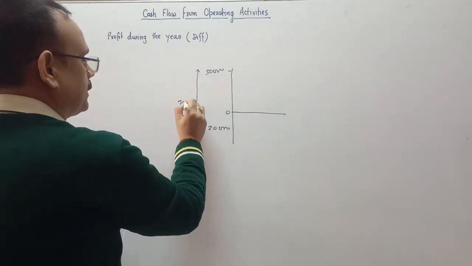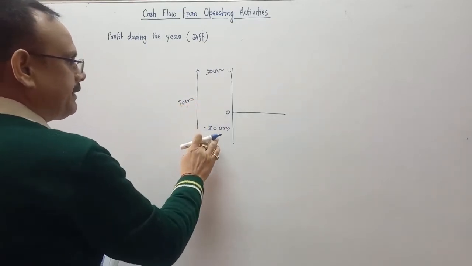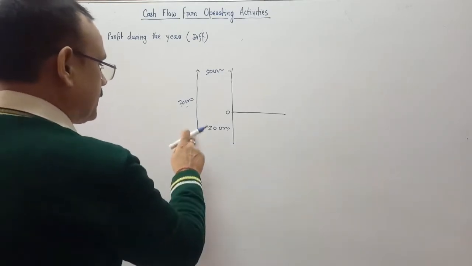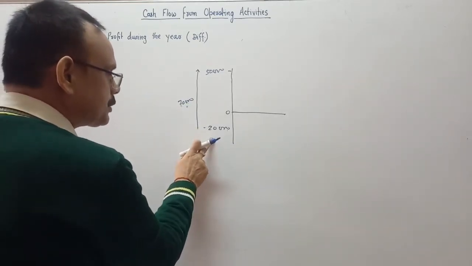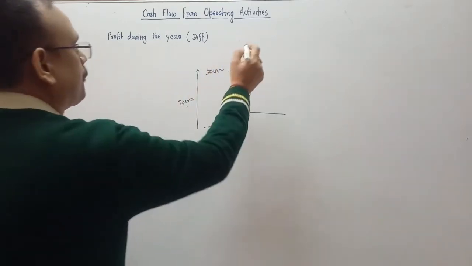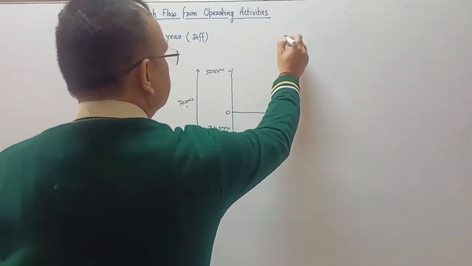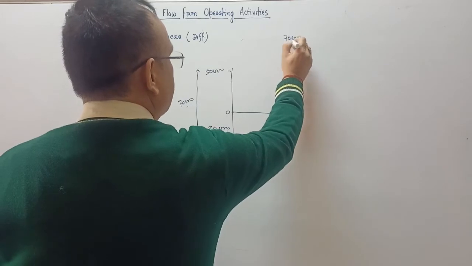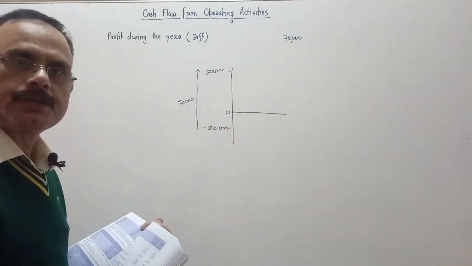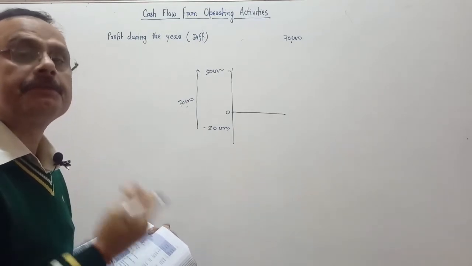Minus 20 plus 50 gives 70,000 profit earned. After adjusting this 20,000, the profit reflecting is 50,000.